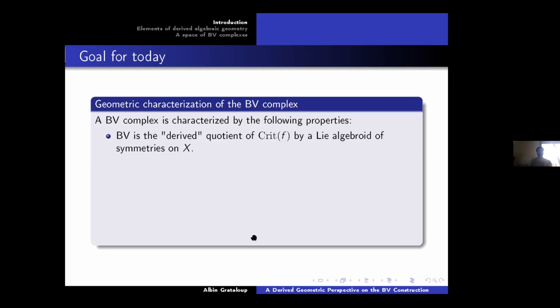BV is a kind of derived quotient of the critical locus by a Lie algebroid of symmetries, and it requires a Lagrangian correspondence, which I'm going to define later, between BV and the notion of derived critical locus of F. This corresponds to the Koszul-Tate resolution of the strict critical locus.